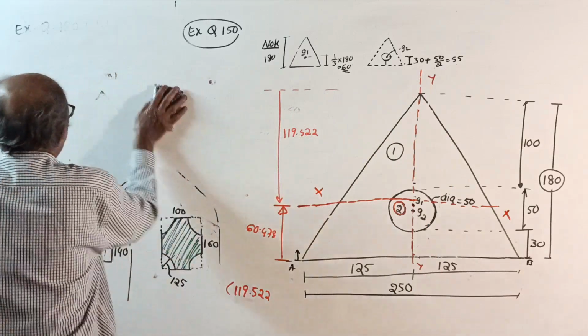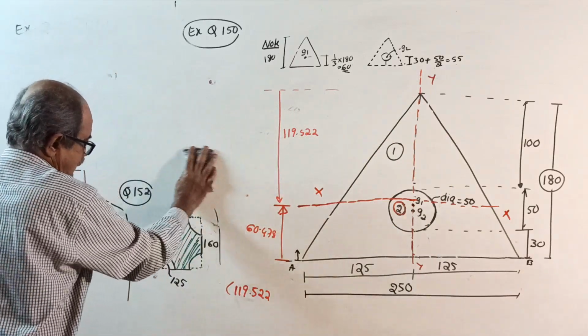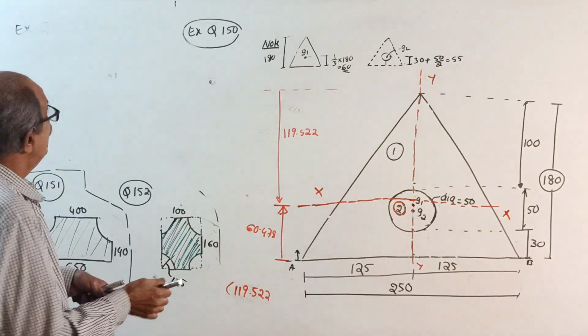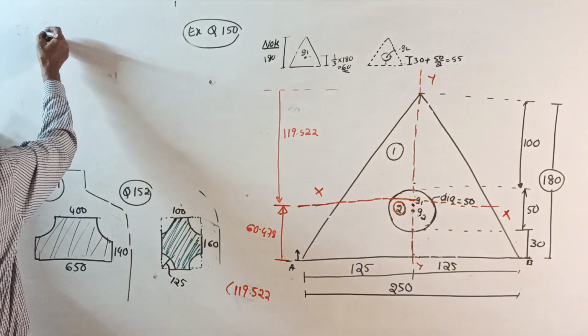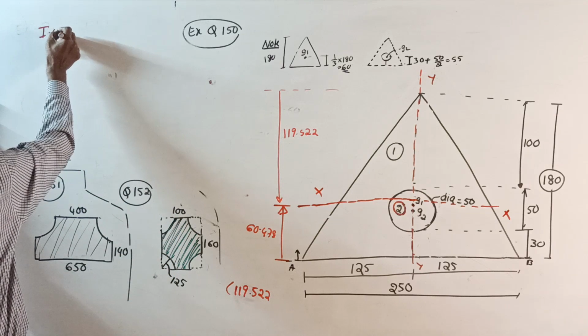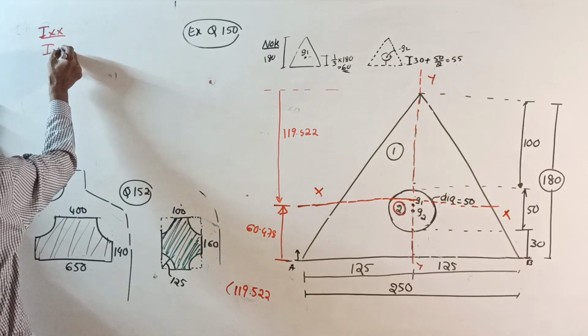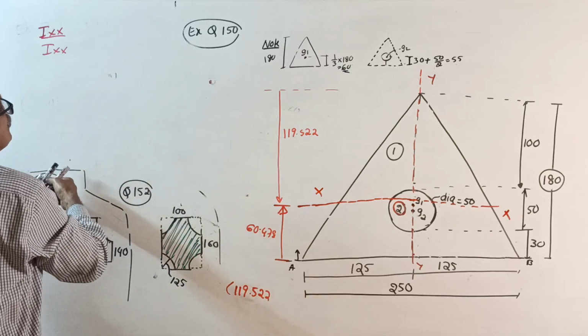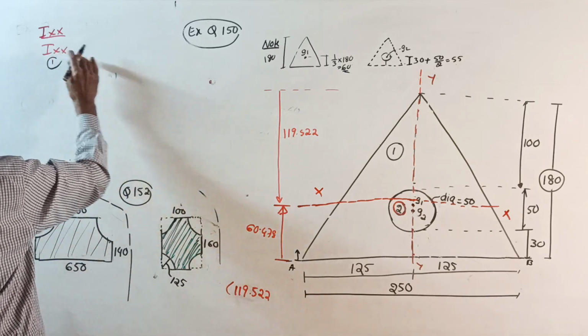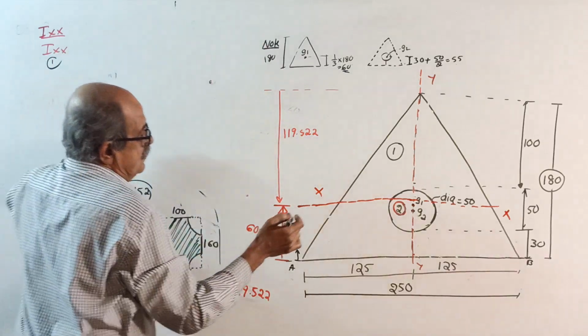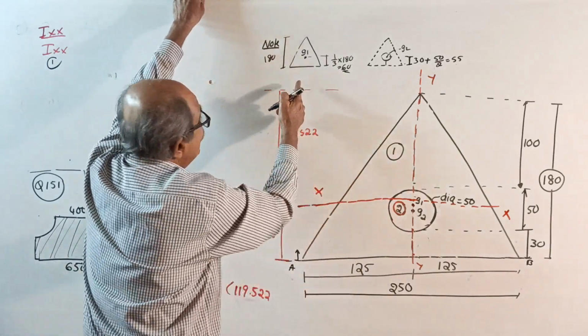Now go for Ixx and Iyy. Start. I about xx. I about xx for 1. 1 is for the triangle.